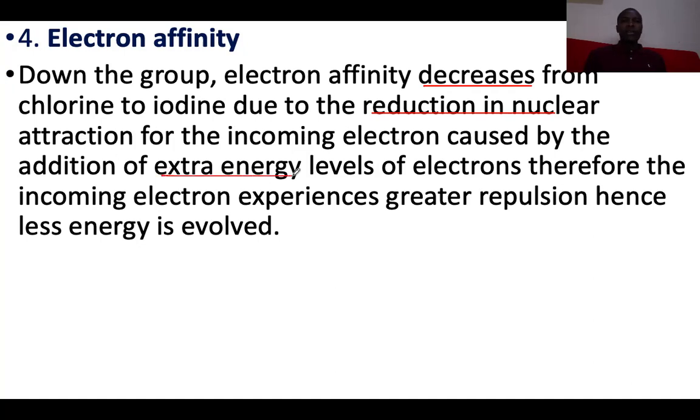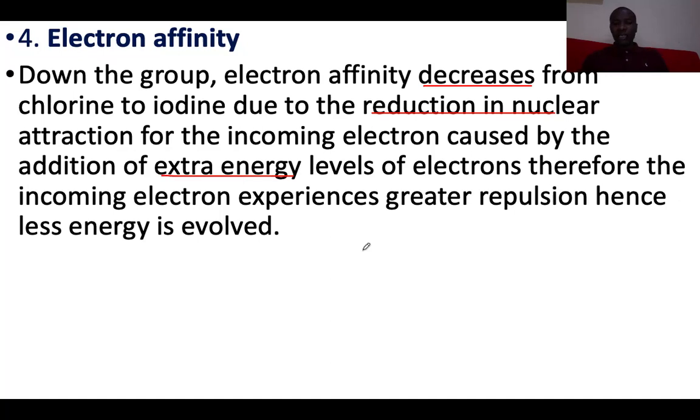You know very well there is always an addition of an extra shell that is filled, and therefore, incoming electrons experience greater repulsion, hence less energy is evolved. So remember, electron affinity, the more the energy evolved, the easier an electron can be added to the shell. So we look at those which can easily absorb or take up electrons. For them, they will be producing so much energy.